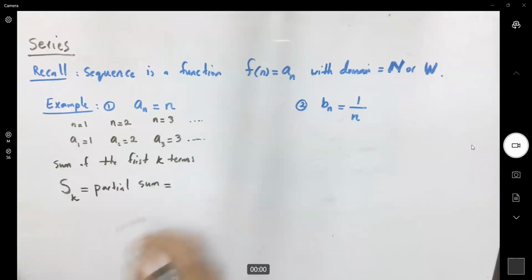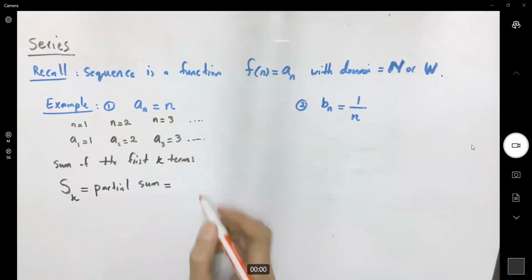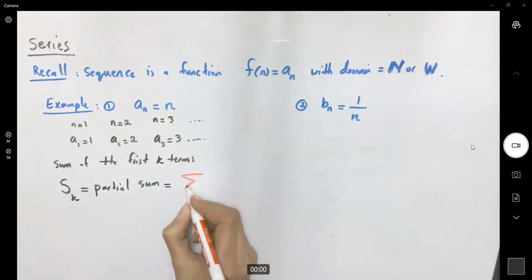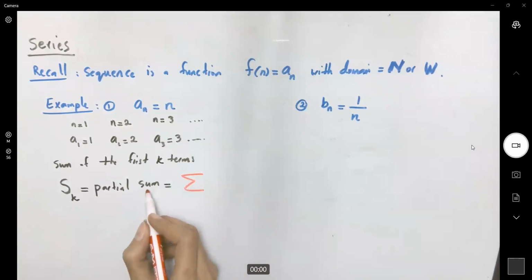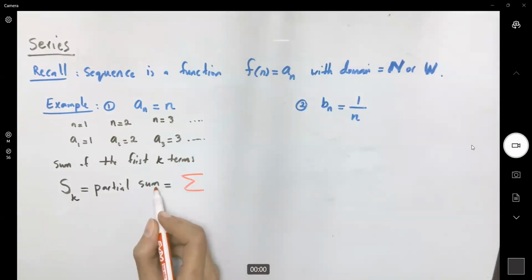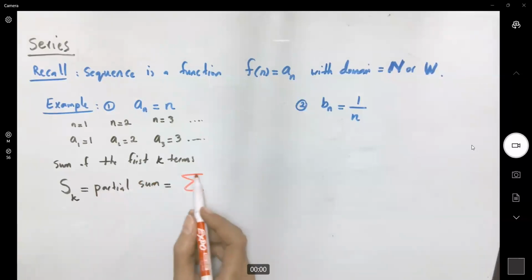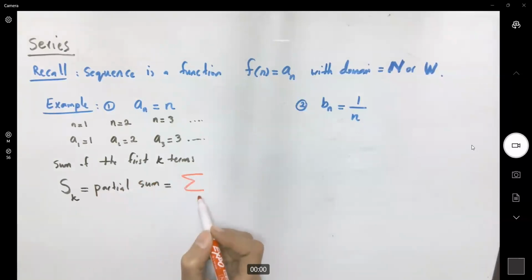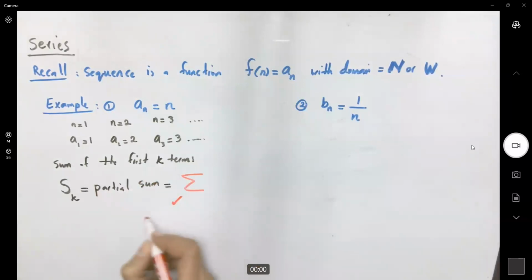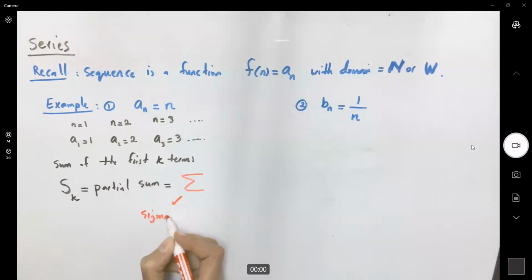The representation that you're using is the sigma. Capital sigma represents the sum. So when I ask you to write down the sum, mathematically, you're going to use the sigma notation, the Greek letter we call sigma.